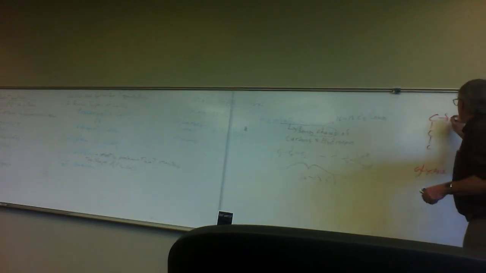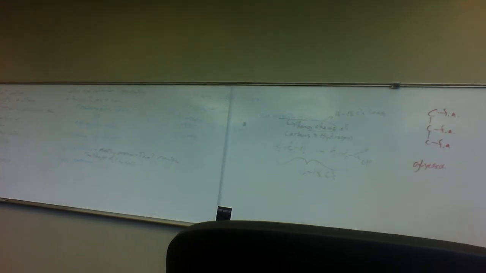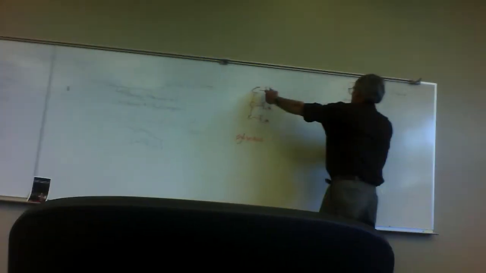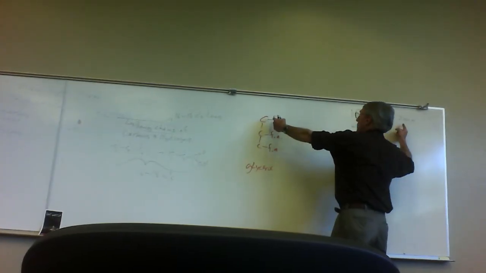I'm not going to put all the bonds on here. And then hooked onto it is fatty acid, fatty acid, fatty acid. So this is the way we store fat. These long chains of fatty acids hooked onto a 3-carbon glycerol. And as I said, these are long chains. My drawing would be way up to here.